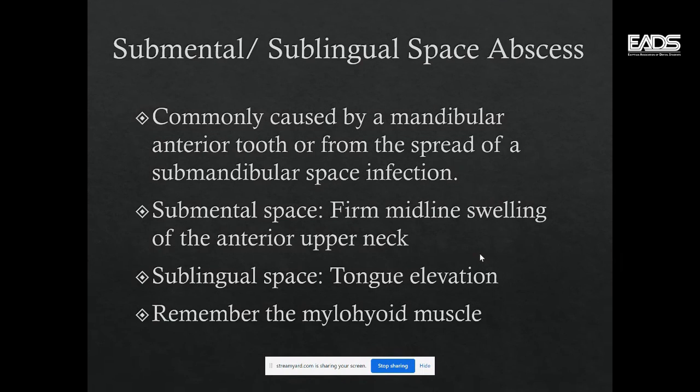Submental and sublingual space infection is commonly caused by mandibular anterior teeth and from the spread of a submandibular space infection. The submental space forms a midline swelling of the anterior upper neck. With the sublingual space, the tongue is elevated. Remember the mylohyoid muscle. It shows that the mylohyoid might be underneath the infection most of the time.